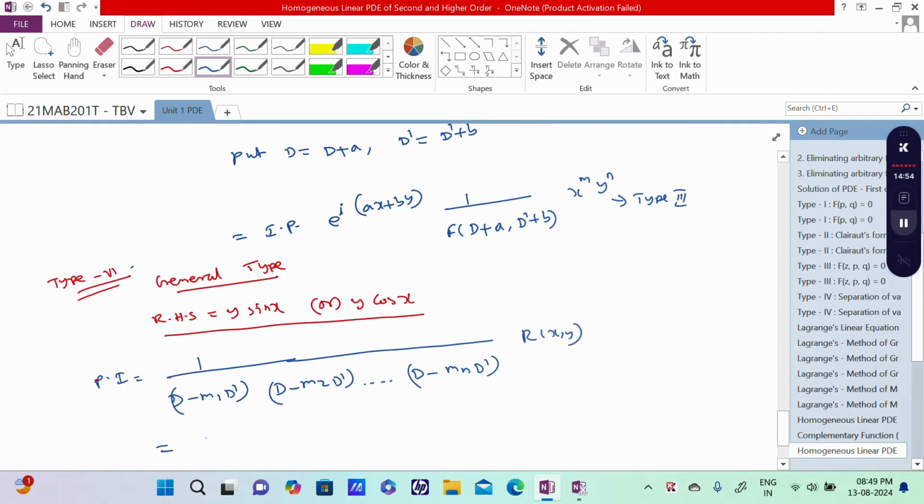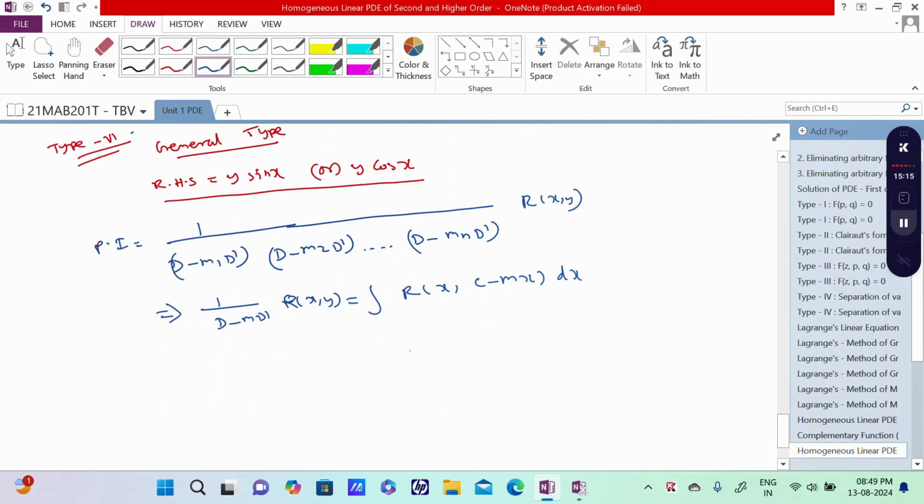For this term, 1 over D minus m D dash of the function of x comma y is nothing but the integral of R of x comma c minus mx with respect to x, where I am going to take y equal to c minus mx.